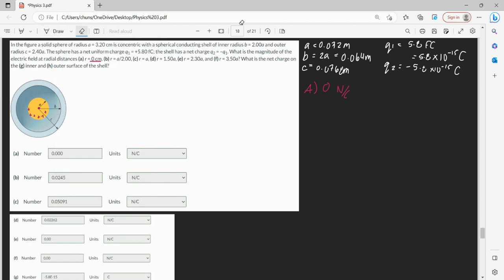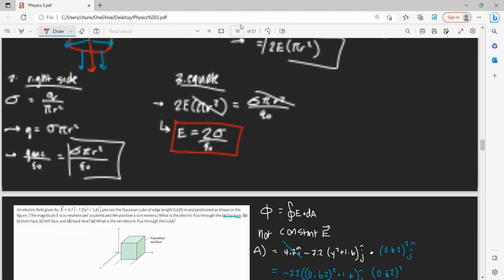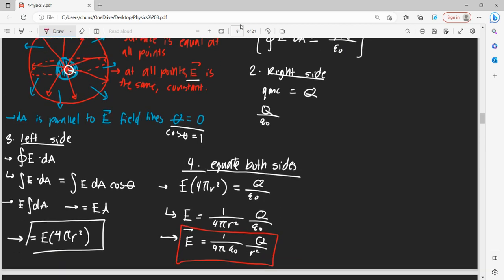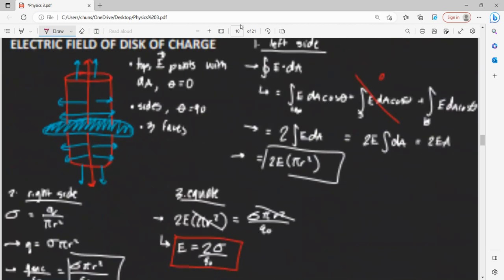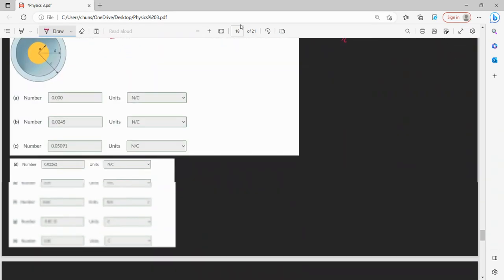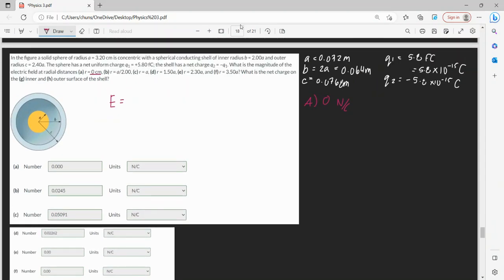Okay, now let's talk about B. So we're going to use this equation here for electric field. The electric field of a sphere, we already solved with our notes up here to be 1 over 4 pi epsilon 0 times q over r squared.